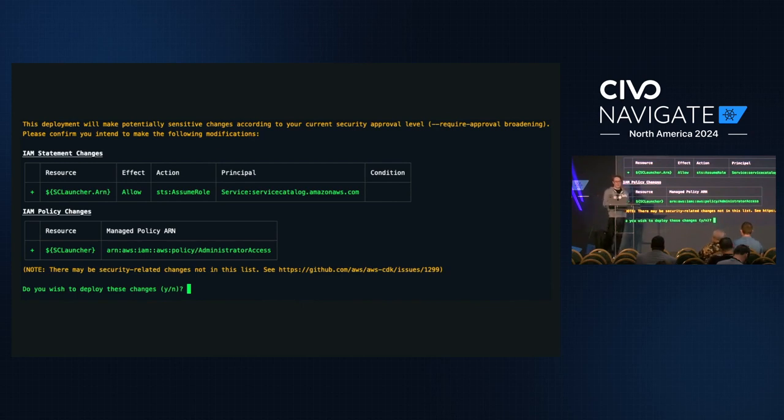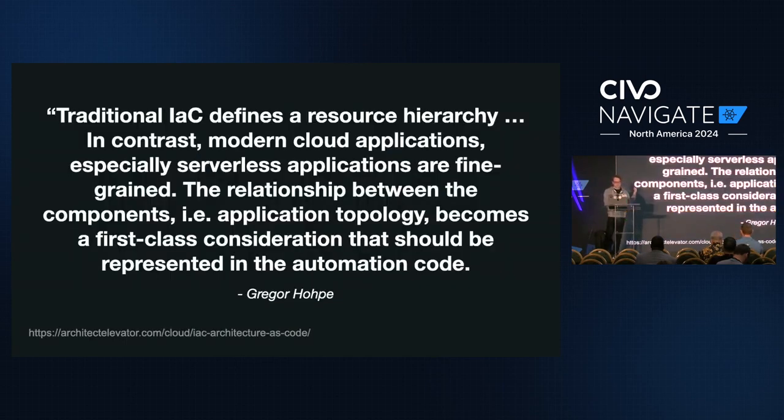The other thing we noticed is that as we built larger applications, there were all of these cross dependencies between application code and infrastructure code, which were tricky to manage because they lived in separate files and in separate parts of the code base. As Gregor Hohpe, a senior architect, describes in a blog post that I really love, he says, traditional IaC defines a resource hierarchy.